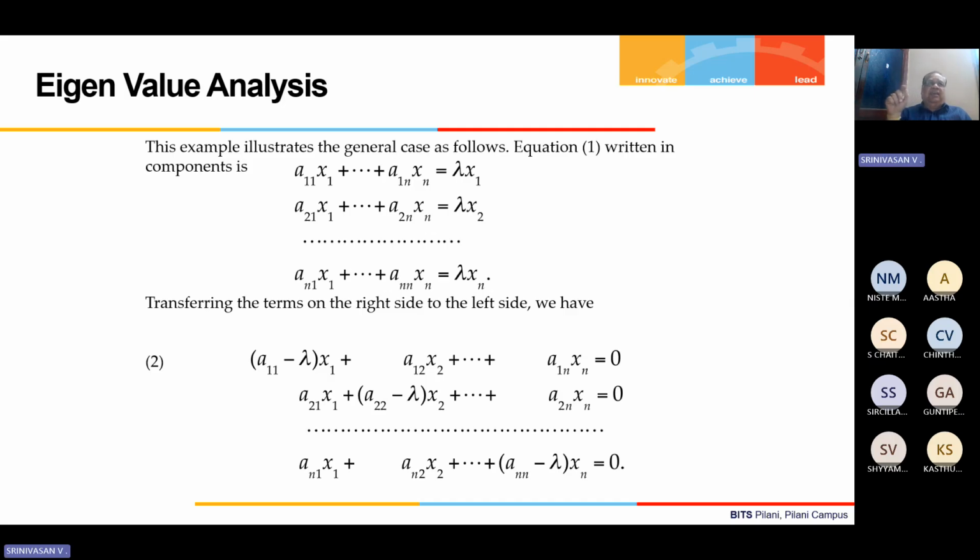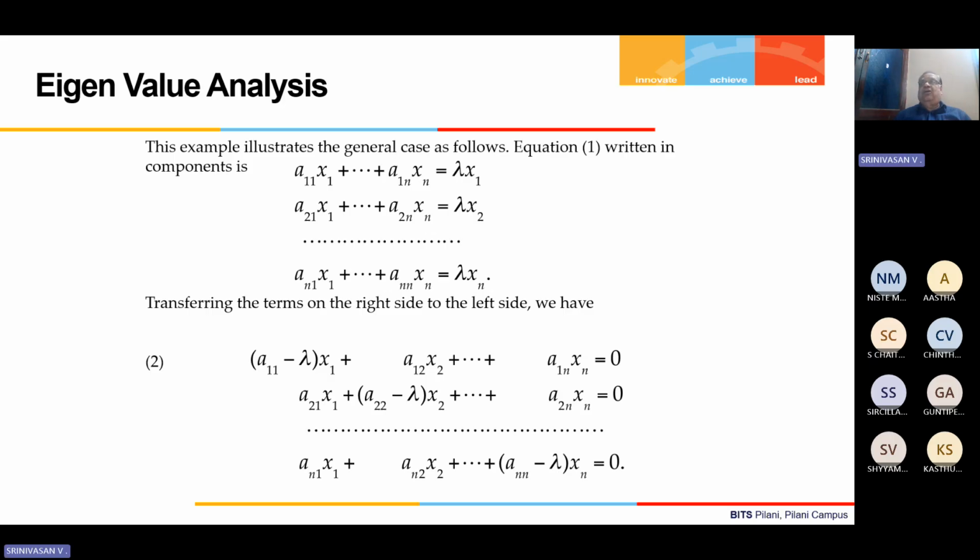So what you have written as Ax = lambda x can now be elaborated. If A = (aij), i equal to 1 to n, j equal to 1 to n, because it's a square matrix, and on the right hand side you have lambda x, where x has components x1, x2, etc., xn, because A is a matrix of order n by n. Therefore, if you expand Ax = lambda x, that will give rise to a system of linear equations, isn't it?